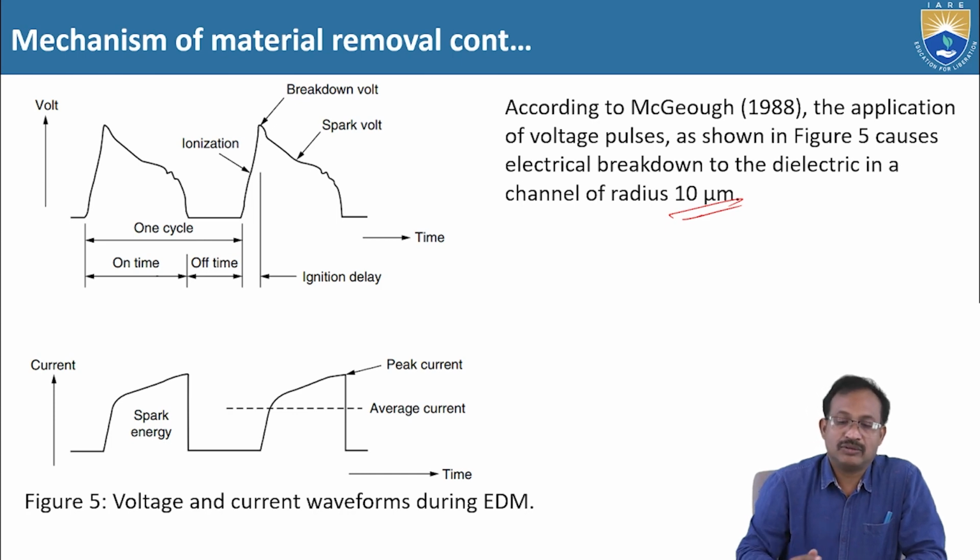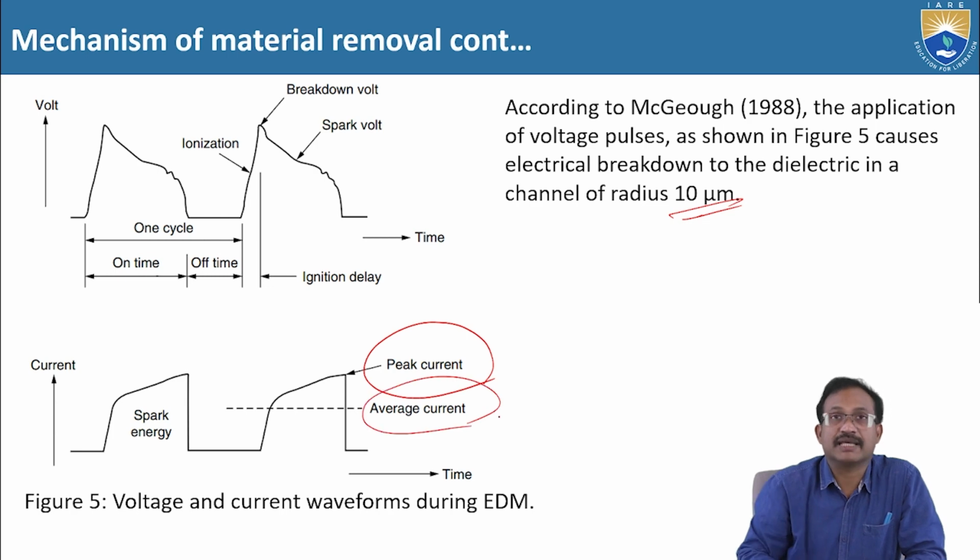Okay, so here peak current, this is average current. So this is the modified current and time diagram. This is the modified voltage and time diagram. Okay, right, this is the practical curve between voltage and time.